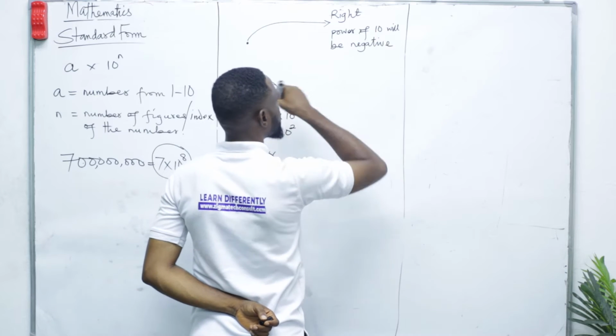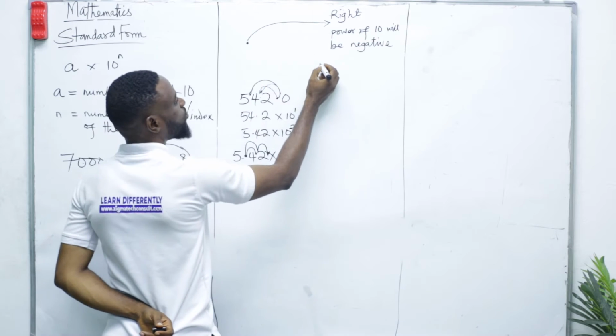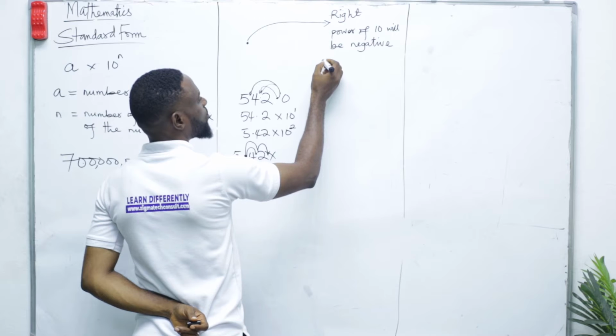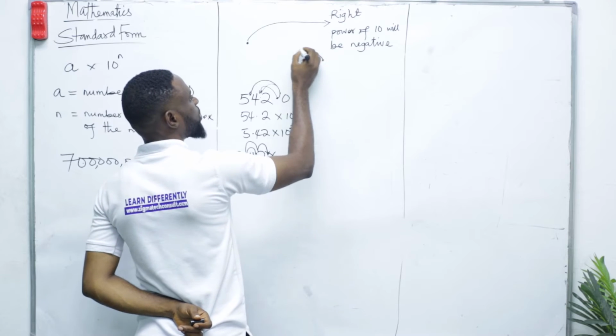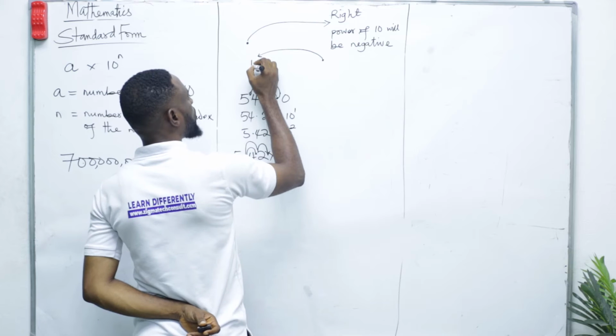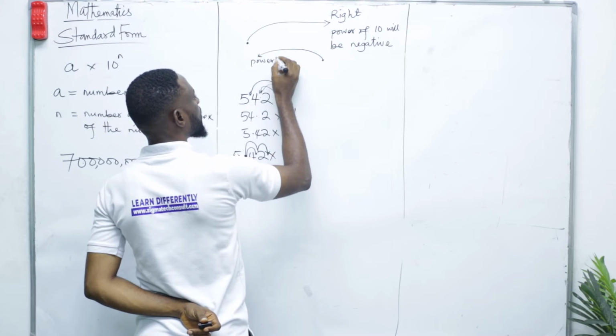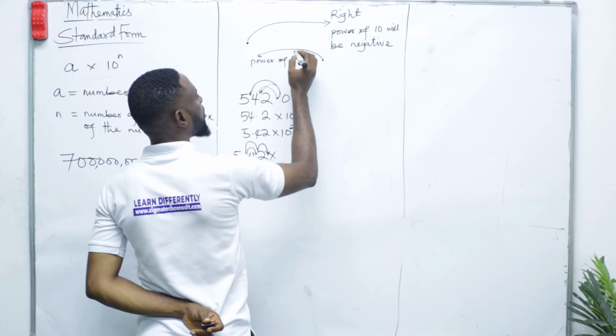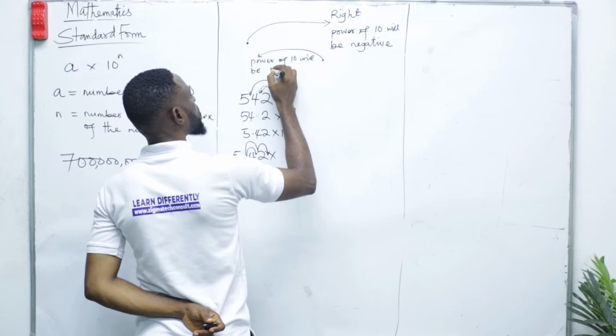Will be negative. Now, if it moves from this point to the left, the power of 10 will be what? Positive.